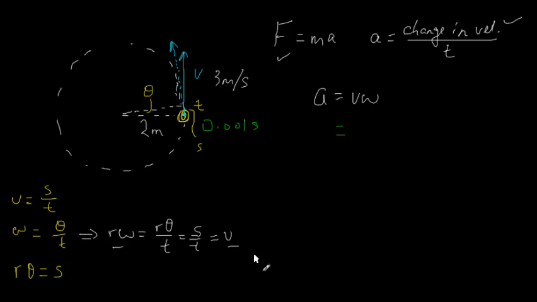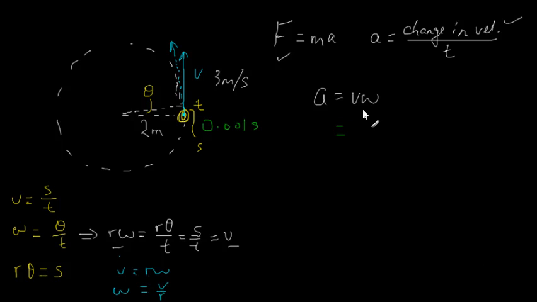So from here, I have that either v is equal to r omega, or if I move the r over to the other side, I have omega is equal to v over r. I can have either of these forms.